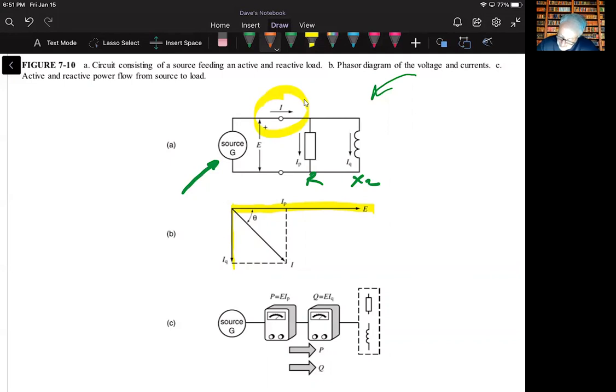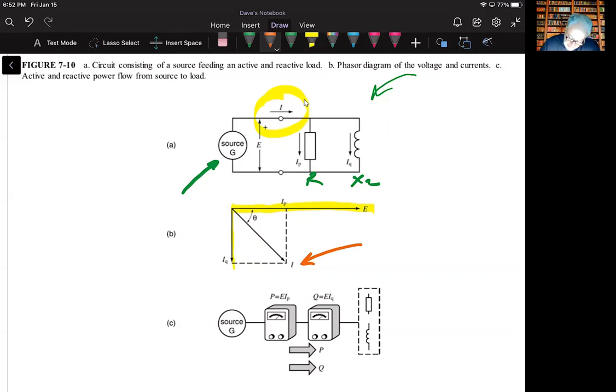The total current is going to be the vector sum of I sub P and I sub Q, and that would give us this value here. Of course, we learned a long time ago, you don't just add these things directly. They are vectors, and they have direction and magnitude, so we have to approach them differently. But we can do that pretty simply.